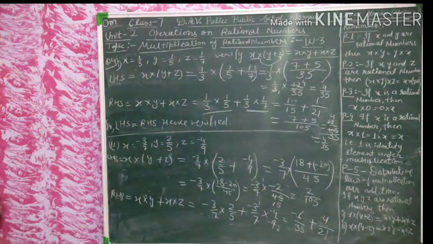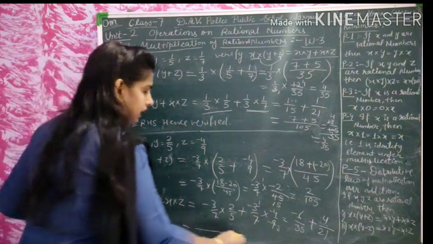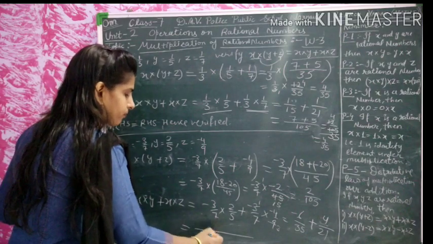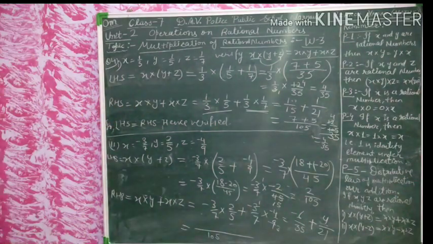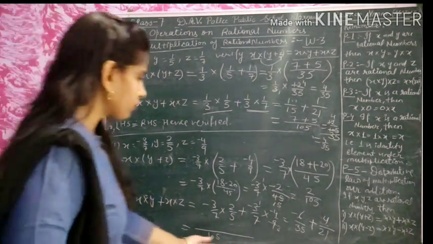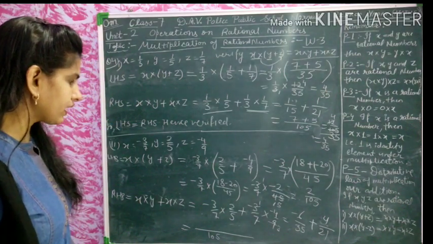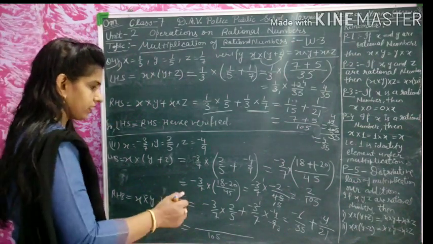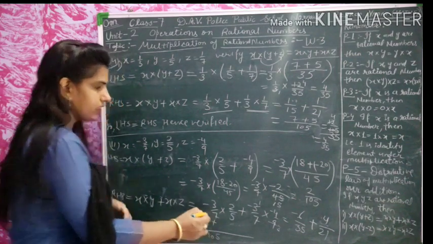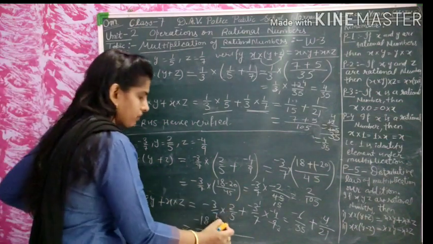Now again there is a number which is the LCM of both the numbers, that is 105. Now we are seeing here, this is 105, 35 divided into 105, we will get 3 here, and minus 3 sixes are 18, and plus, after dividing by 21, we will get 5, and 5 fours are 20.